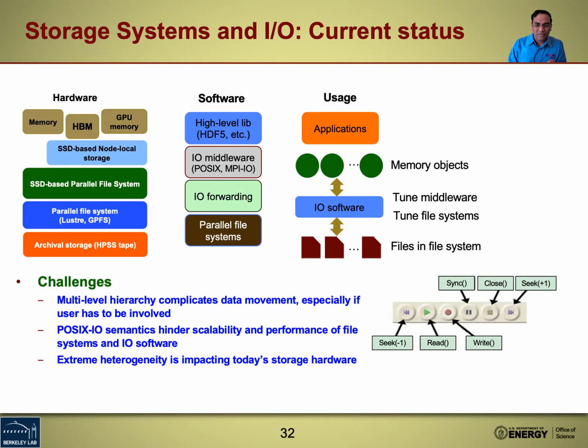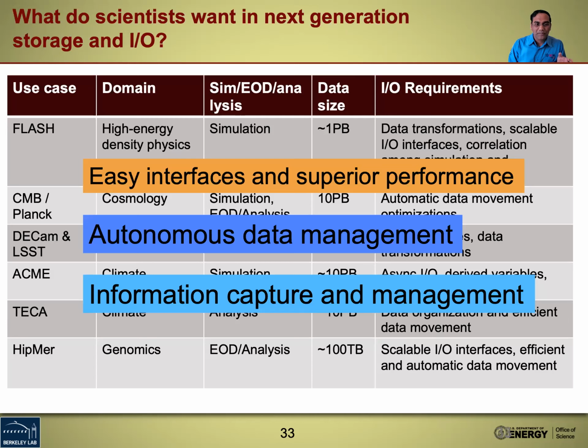So this is very slow, and if you are doing all this from thousands of processes, that becomes even slower. Extreme heterogeneity of various storage hardware is also a major problem. So we went to various scientists in our lab and across the labs and asked, okay, what are the features that they would like?